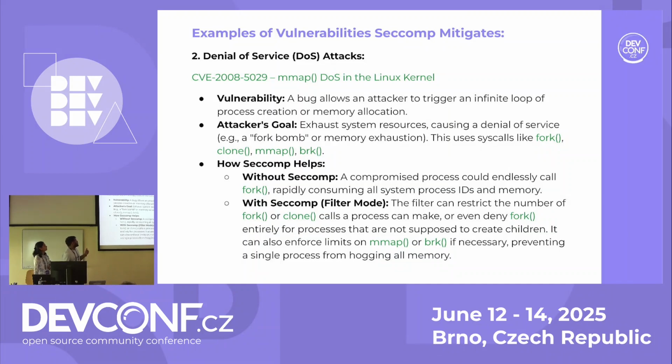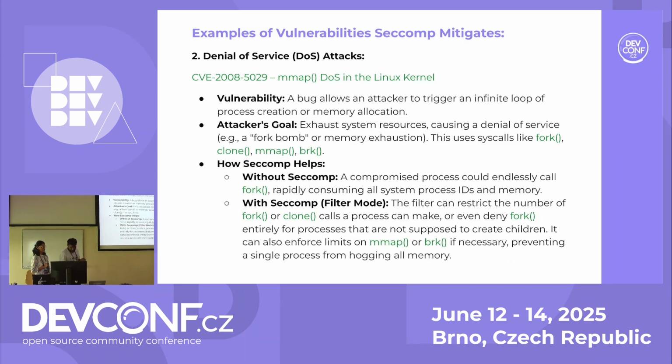This is another vulnerability found that is mitigated by Seccomp. That vulnerability triggered multiple infinite loops of process creation. In process creation, the fork system call gets called. A malicious attacker tries to exploit it by calling multiple fork system calls, which causes excessive usage of memory resources and gives slow responses to the user.